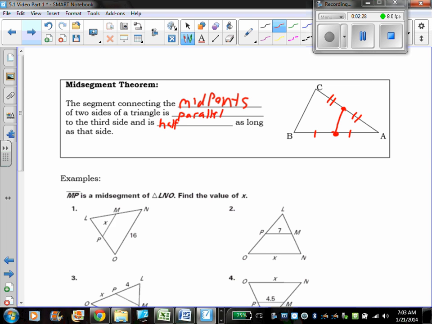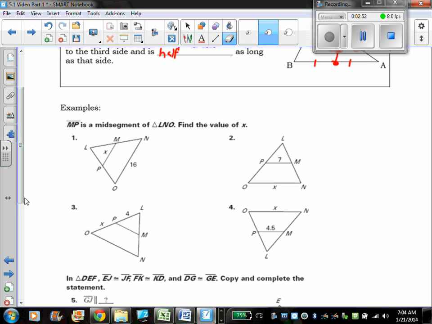And also, it's going to mean that if this segment, the mid-segment, has length of x, not only is it going to be parallel to the side that hasn't been used to make it, but also it's going to be half the size of that other segment. So, let's look at a few examples down here before you get started on your assignment.